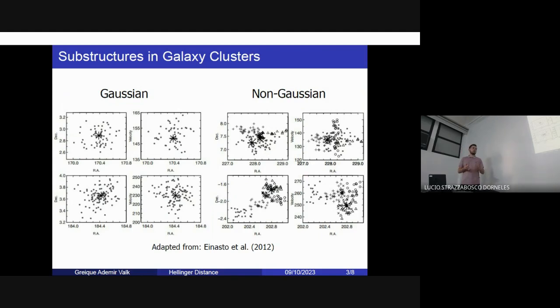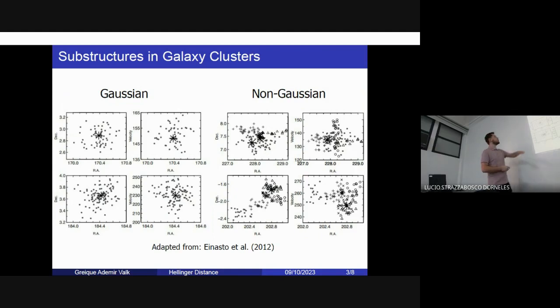For example, we can have substructures in the galaxy distribution in clusters. We can have higher velocities for the main galaxies, and we can have non-Gaussian velocity distributions, because in equilibrium, we expect that the clusters tend to a Gaussian velocity distribution for their galaxies.